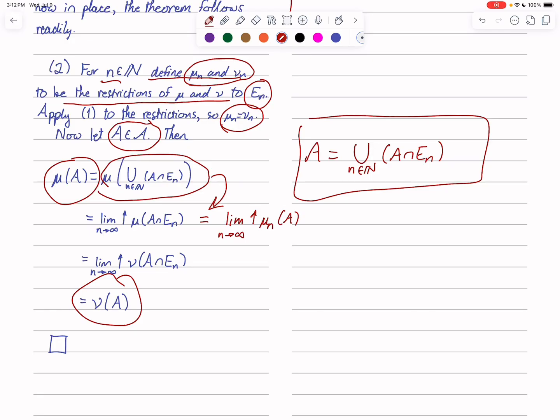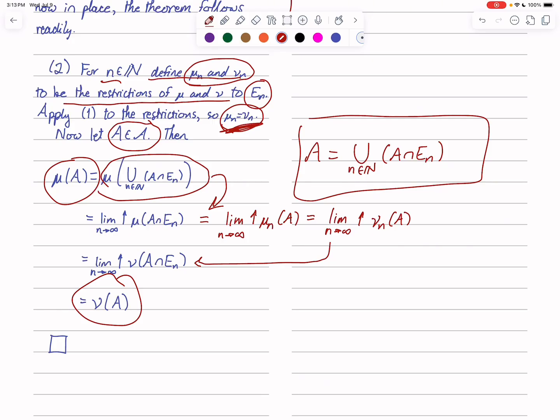If you go back and check the definition of mu restricted to a set, you'll see that these are equal. And then this is the same thing, from the equation that we developed above, as the limit as n goes to infinity of the increasing nu n of A. And then, by definition of the restriction, you get the limit of nu on A intersect E n.